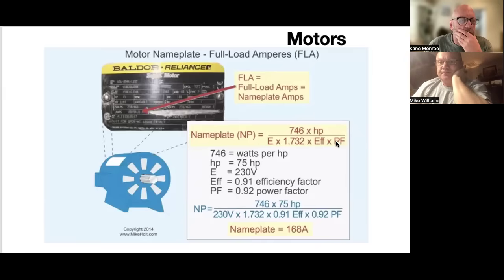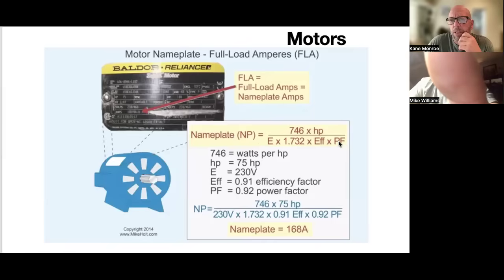I'm just showing you that because this is a rarity question, and from what I'm hearing, you probably won't see this. I'm not saying you won't, but just take your nameplate, put your nameplate in, and then put your power factor there.